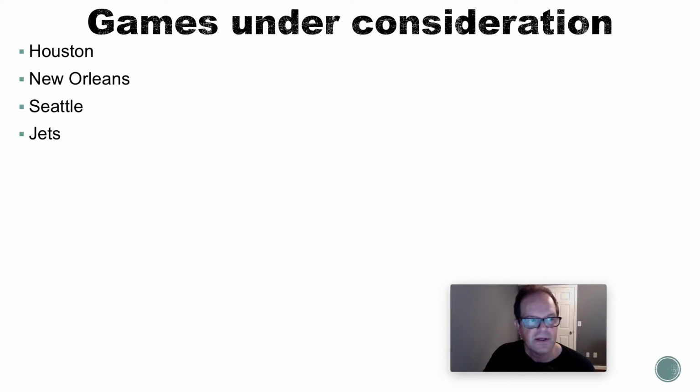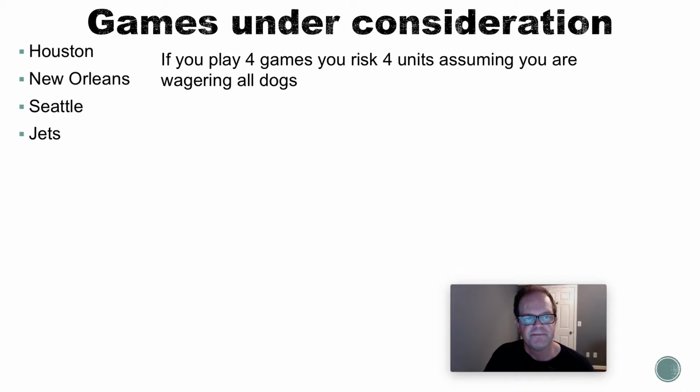So that's four games. I know this is elementary, but you're going to have to follow along because this provides context to the point that I'm going to make. If we play all four of these games, we are risking 4 units total, assuming we're wagering all dogs, which in this case we would. Now, if we were playing the spread lines, and let's say the juice was minus 110, we would be risking 4.4 units.